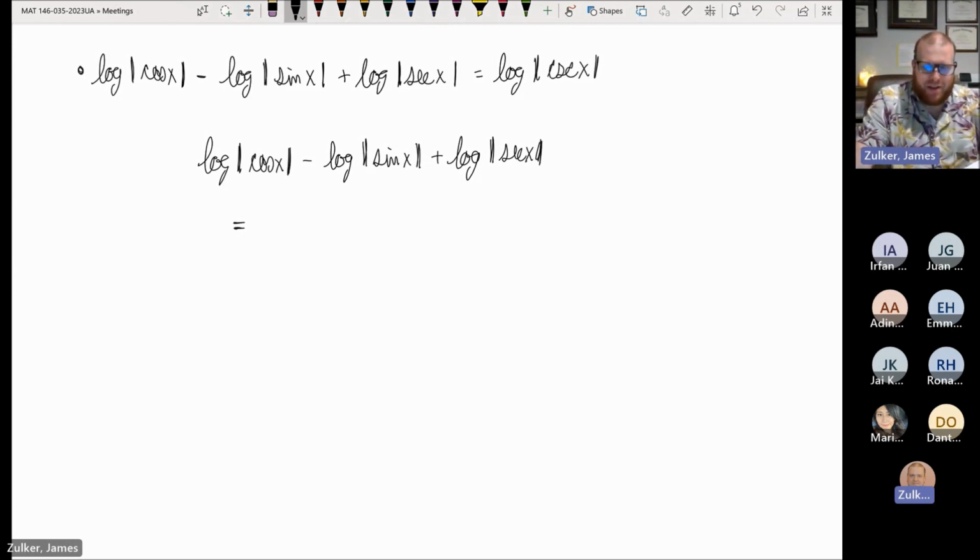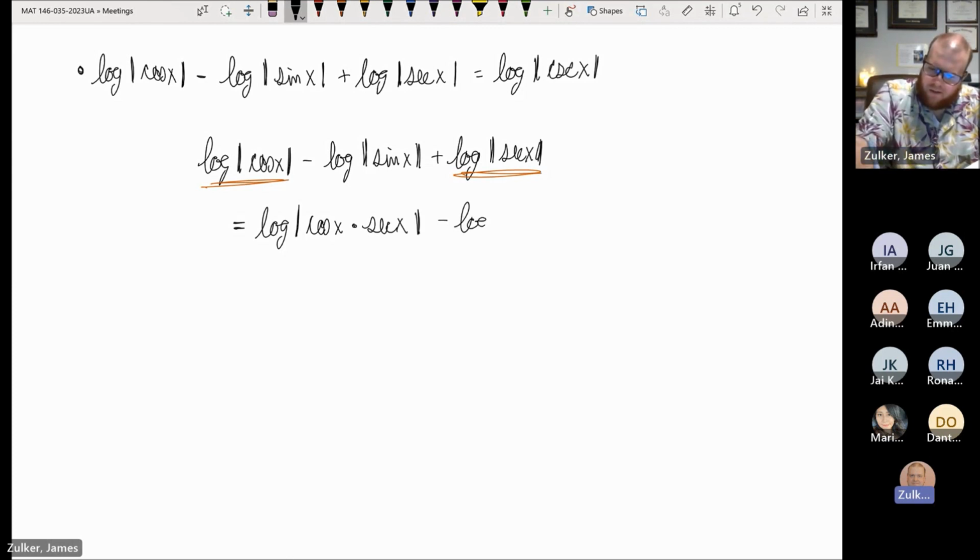So the order doesn't matter, and the grouping doesn't matter. So let's look at those two first. But cosine times secant, isn't that 1?